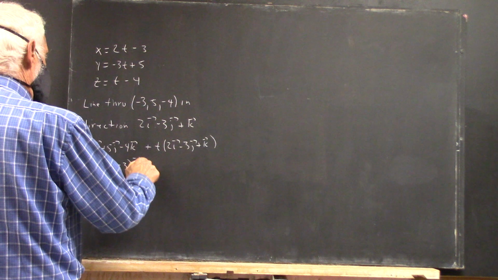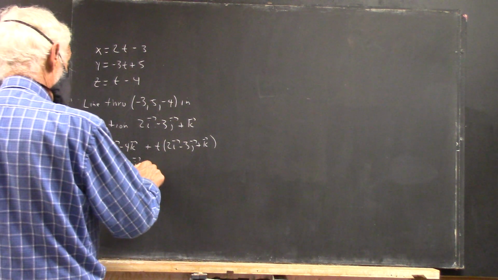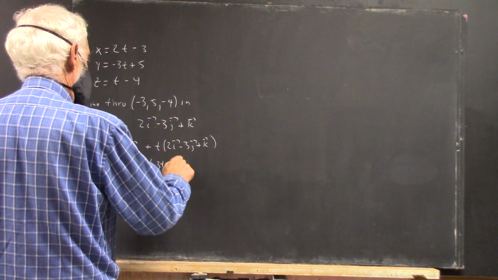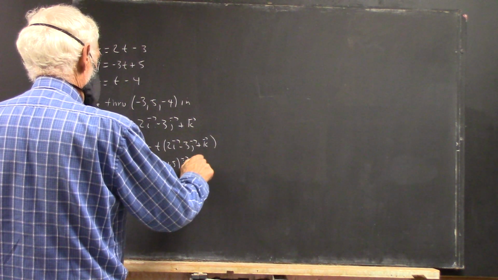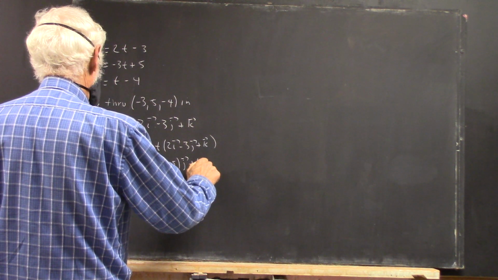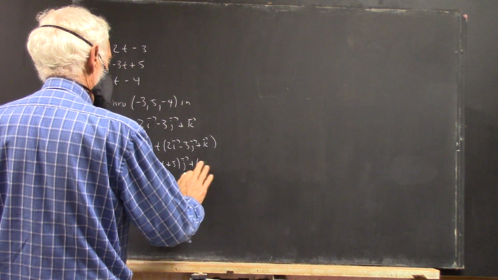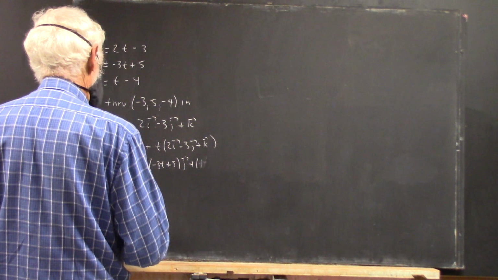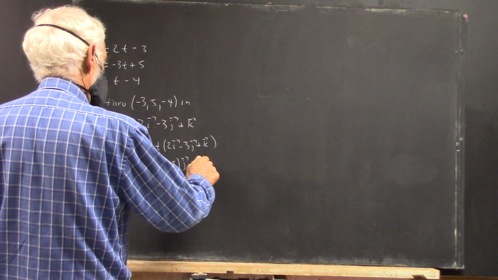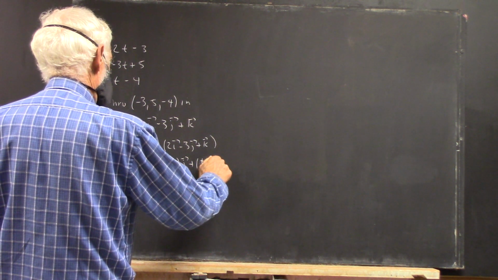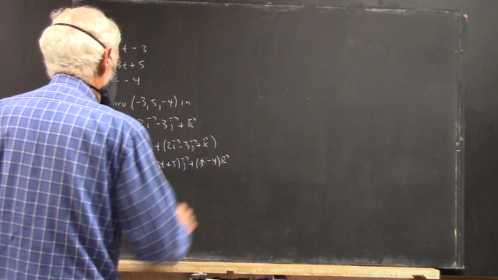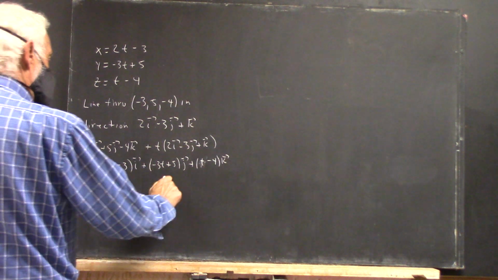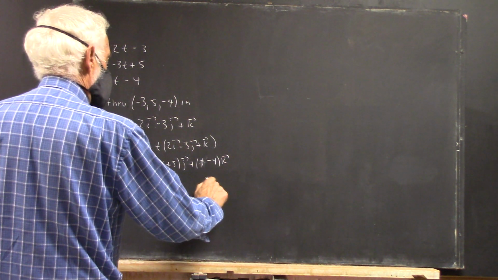And that equals (2t minus 3) times i plus (-3t plus 5) times j plus (t minus 4) times k. So here's your x, here's your y, here's your z.